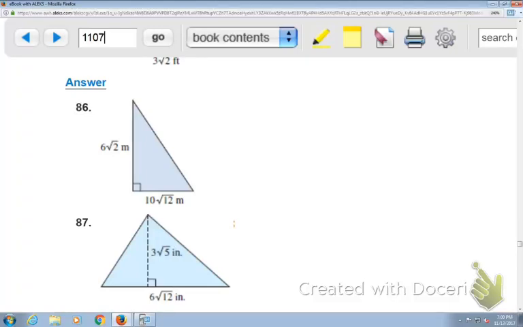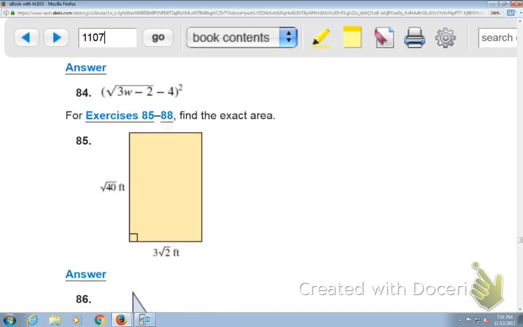So to do a little sum up of what we were doing before, let's say we look at number 86 in 18.5, so we're still in 18.5, and let's look at 85, and I ask you for the perimeter.